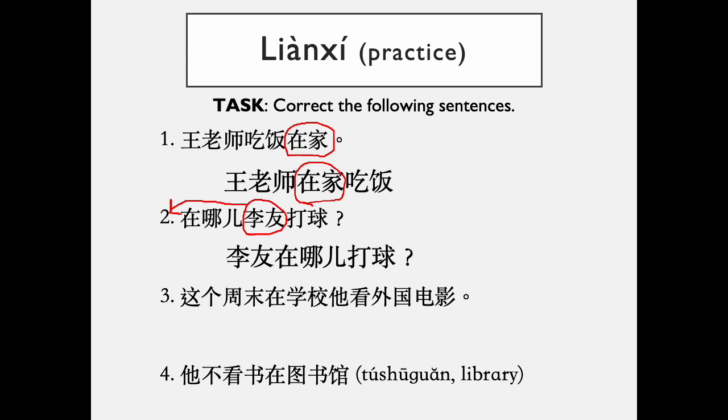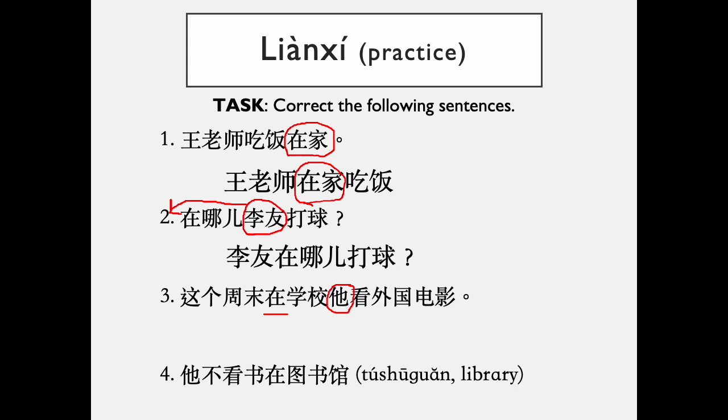What about number 3? 这个周末在学校他看外国电影. So here again, hopefully you notice that the subject is in the wrong spot. We have a 在 here, but the subject comes after it.